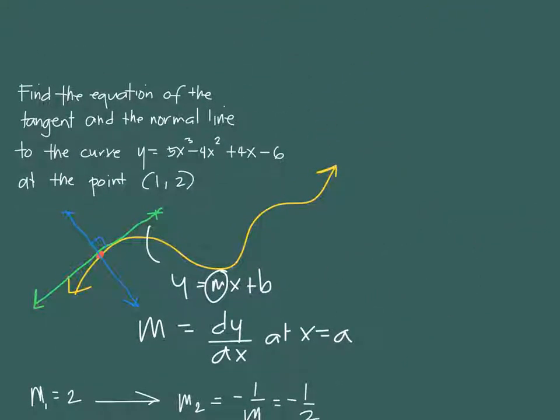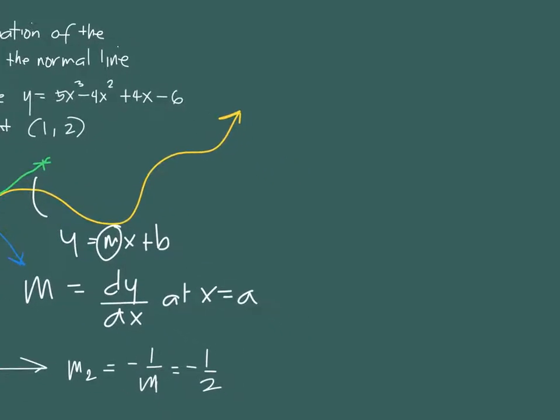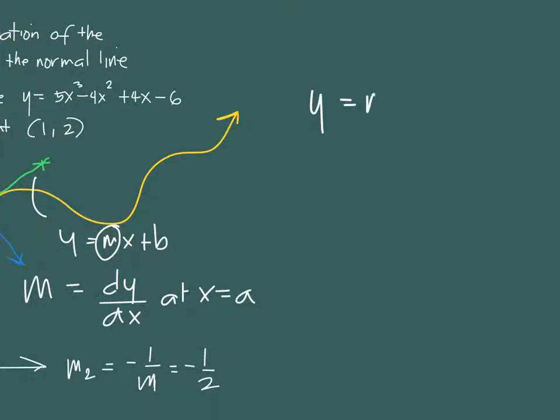Okay, so let's work on the given example. So again, even without graphing the function, we will be able to find the equation of the tangent line. First, take note that we are looking for an equation of this form, y equals mx plus b. If the slope is the dy over dx, then that means we have to find the derivative of y, which we already know how to get.